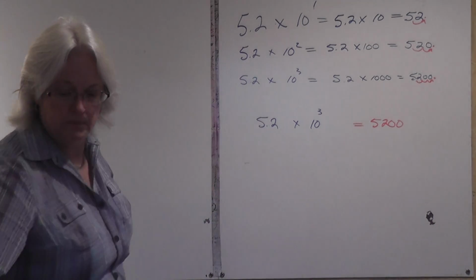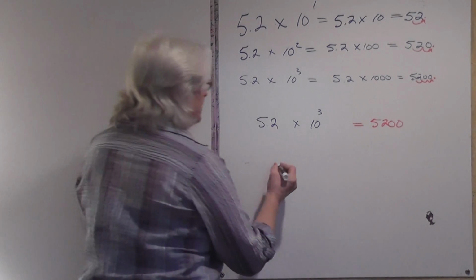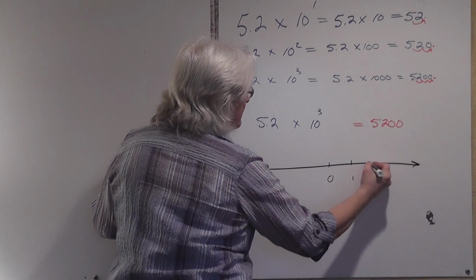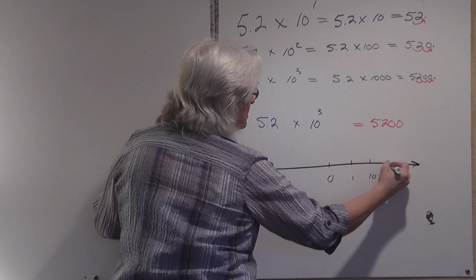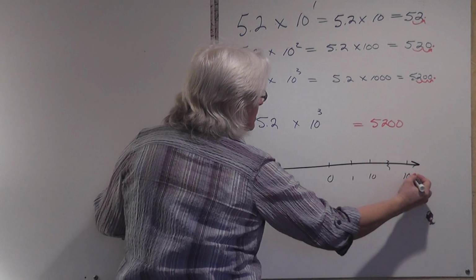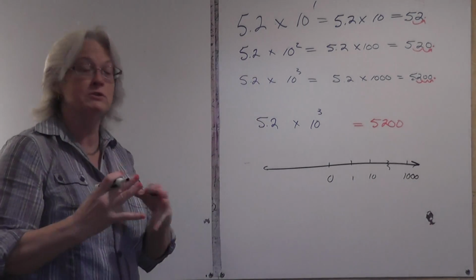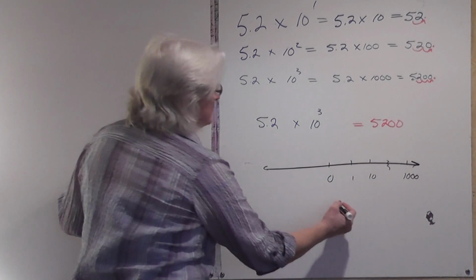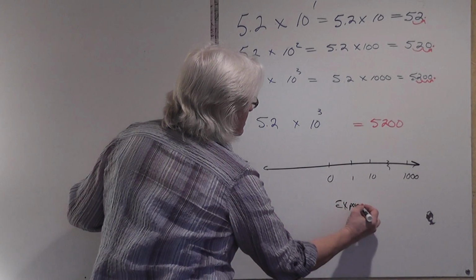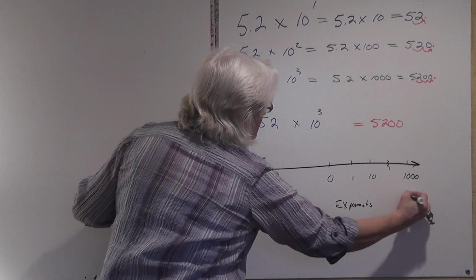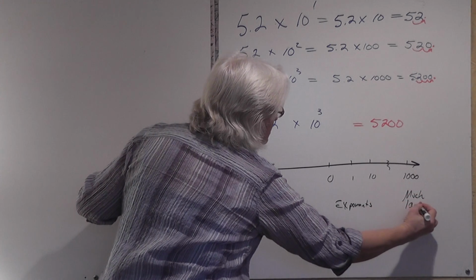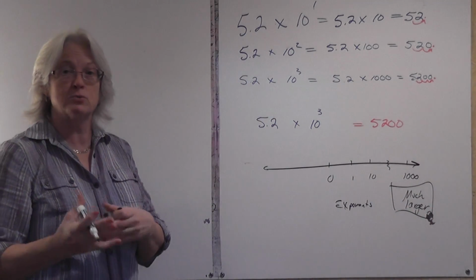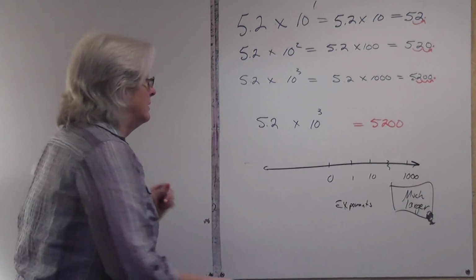So this picture will perhaps help someone. Here we have 0, 1, 10. Okay. It's not to scale. The further you get out here for exponents, the much larger your number becomes, because we're multiplying by what we call a factor of 10.